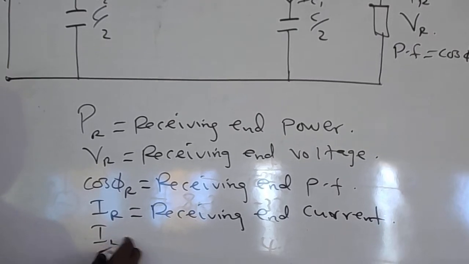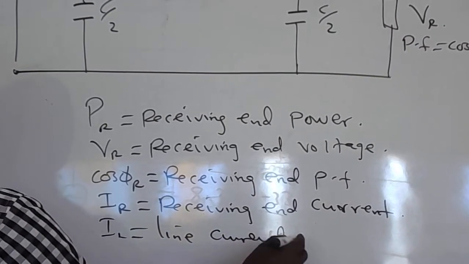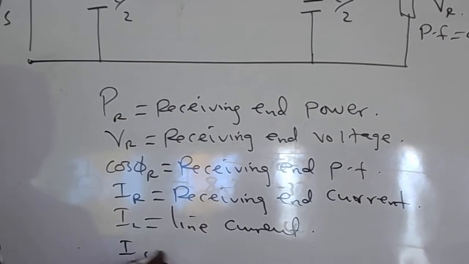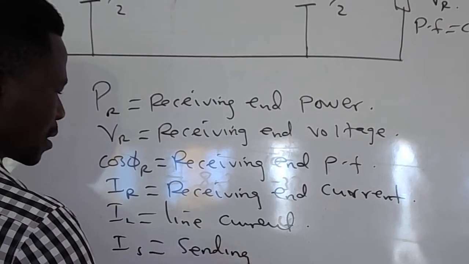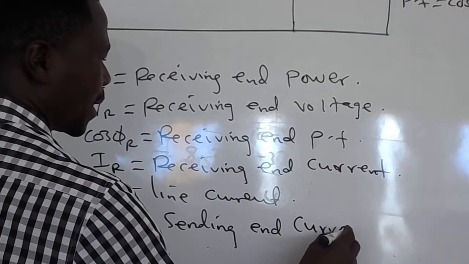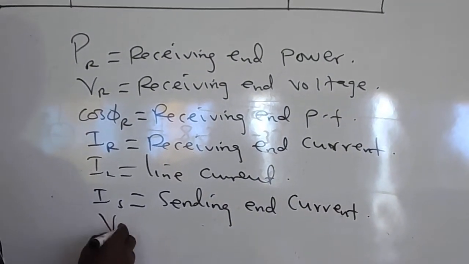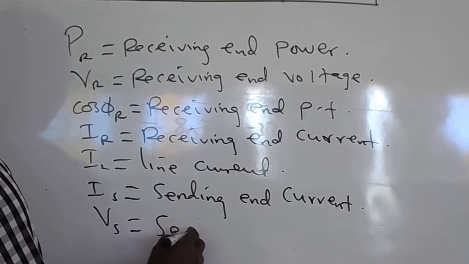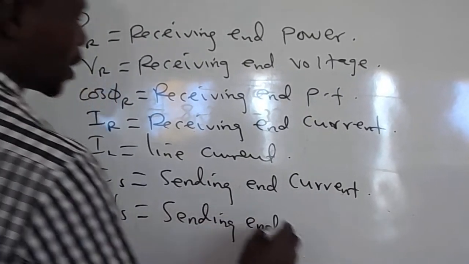IL is the line current. IS is the sending end current. We have VS, the sending end voltage.